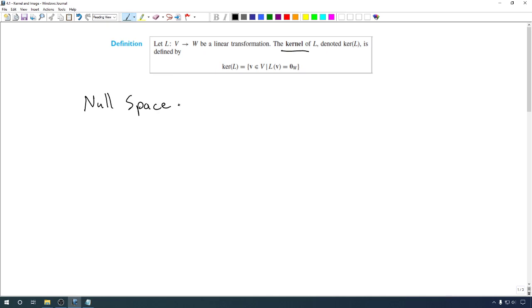Remember, the null space of a matrix A was the collection of all, we'll go ahead and use V like we have in our definition up here, all the vectors V in R^n, in this case, where A times V is equal to the zero vector.